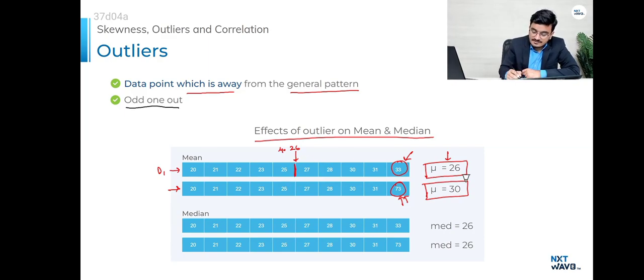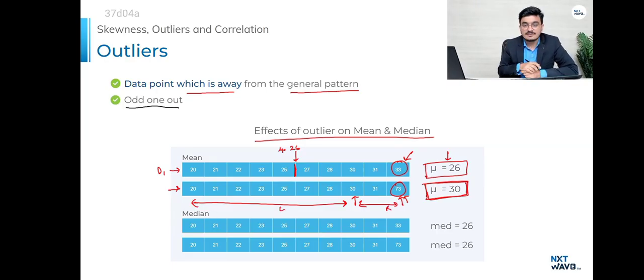But if I check the second data set, my mean is 30 and it will be somewhere here, which is not in the center because I can see the distribution on the left side is higher compared to the right side, right? The total number of observations on the left side is higher compared to the right side. This is how an outlier can affect the mean value of our data.